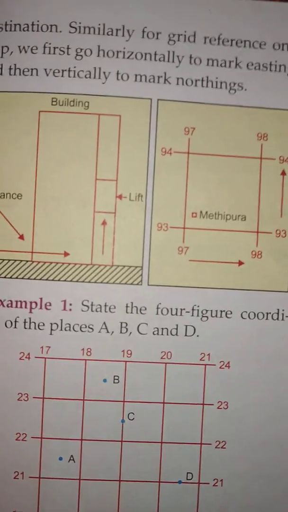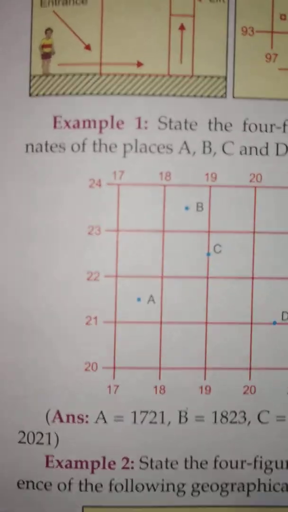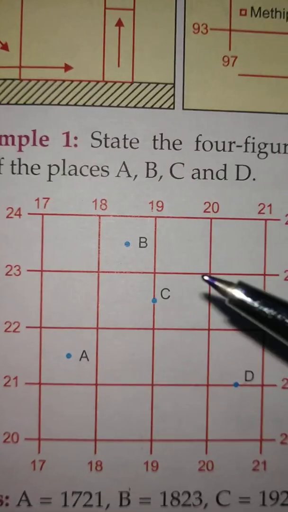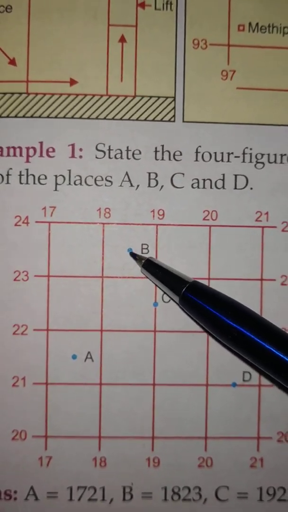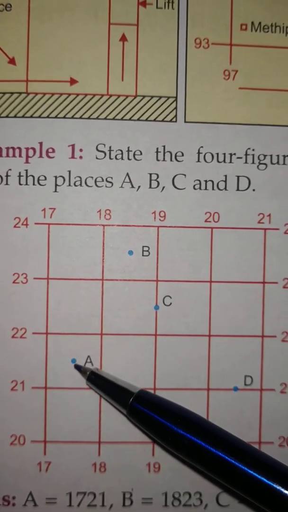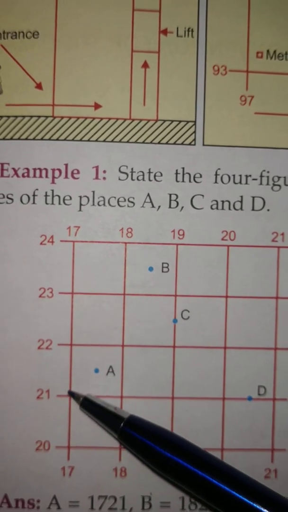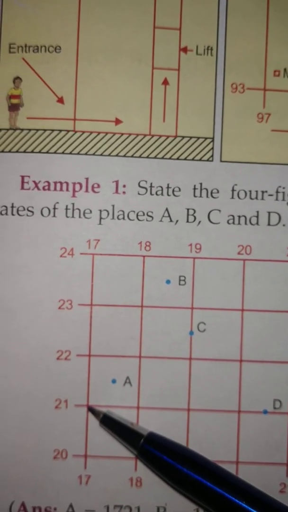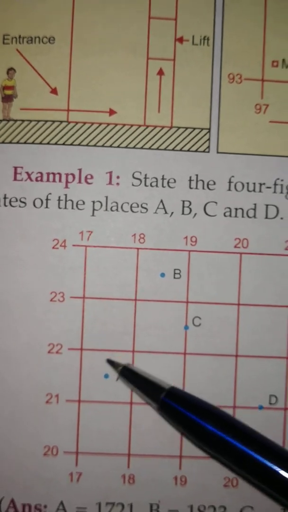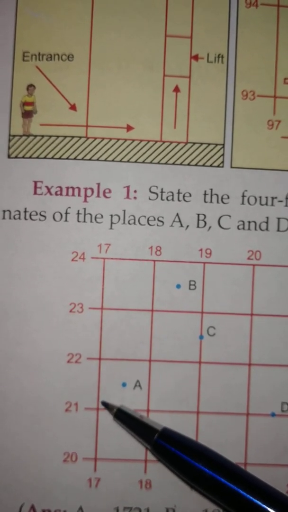Alright, more examples are given here in your book. See here, now A. What is the 4-figure grid reference of this point A? As I have told you, you will see this corner. Are you getting what I am saying? You can see this grid, the southwest corner of this grid.